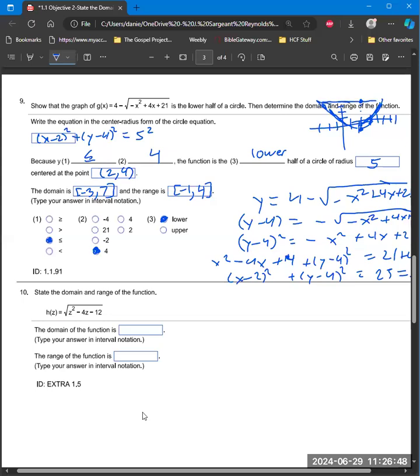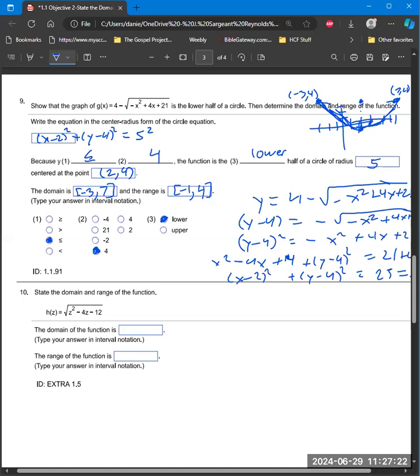Should be on this arc here, like so. Not that great at drawing the circle without a compass, but you get the idea that we have the point here, -3, 4, and we have the point here, 7, 4, and that's our function. That's the bottom half of that circle there.